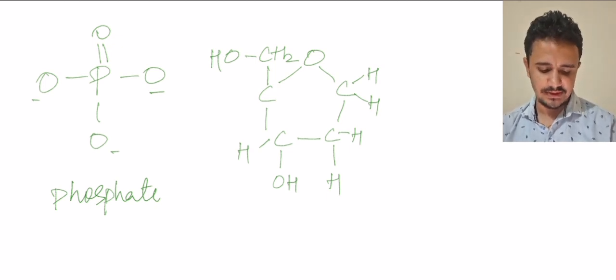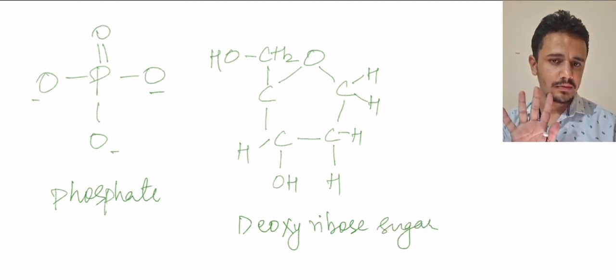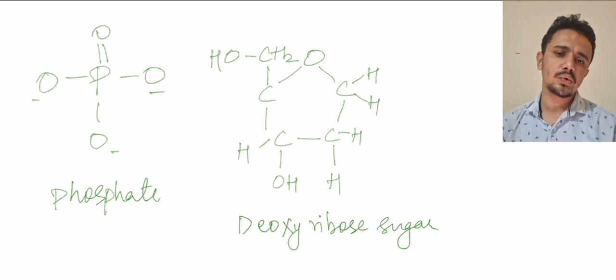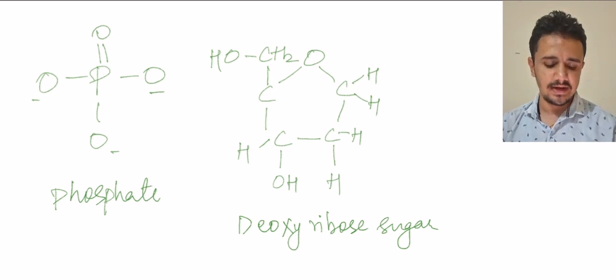So this is our sugar, and it is called deoxyribose sugar. Since it has 5 carbons, sometimes we call it pentose sugar.